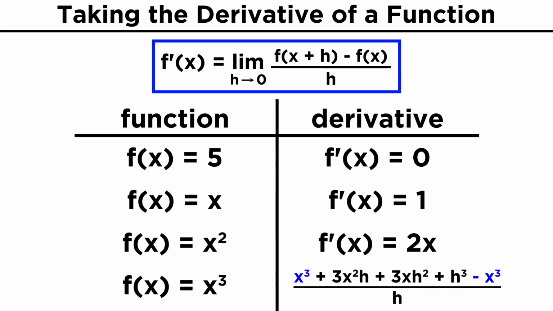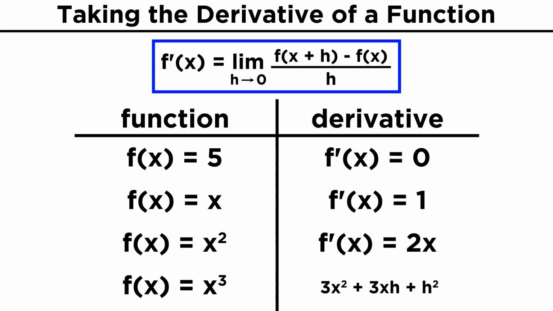We subtract x cubed and we get this. Dividing through by the h on the bottom, we get 3x squared plus 3xh plus h squared. As h approaches 0, we are left with 3x squared, so the derivative of x cubed is 3x squared.